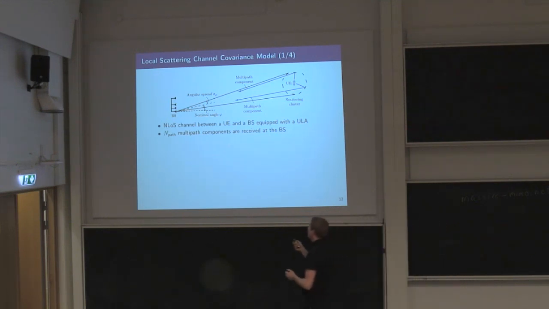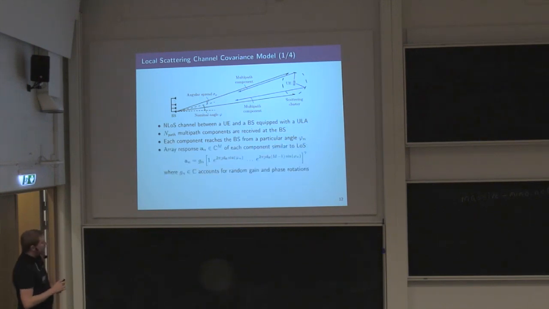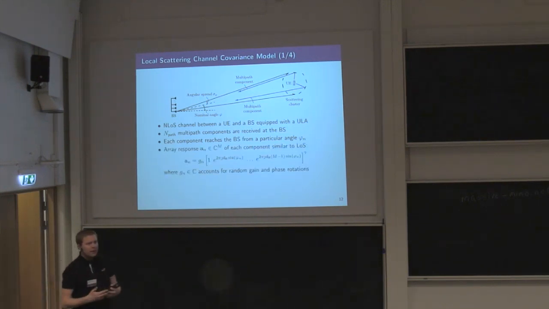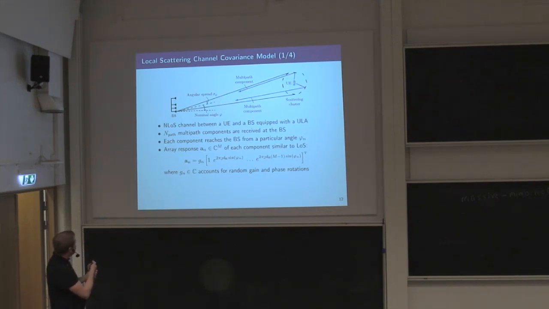I call the number of multipath components that are received by the base station N path. And each of these paths reaches the base station from a particular angle. For the nth path, we call it like this, with the subscript n. When a uniform linear array receives a signal coming from the far field with a particular angle, you have an array response that describes how the phase shift at the array is going to look.